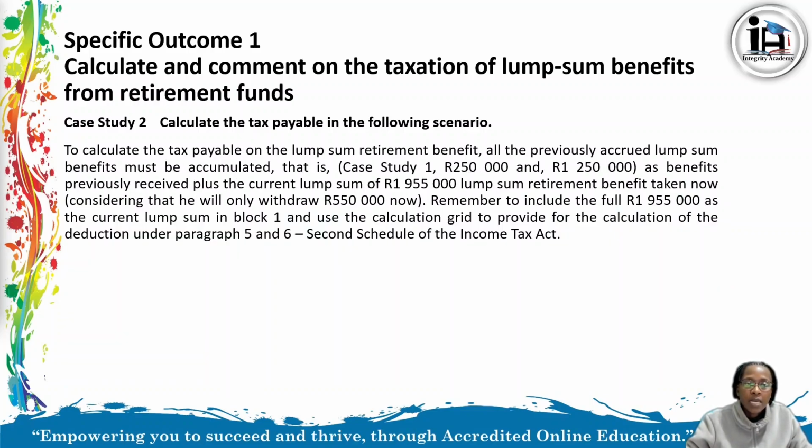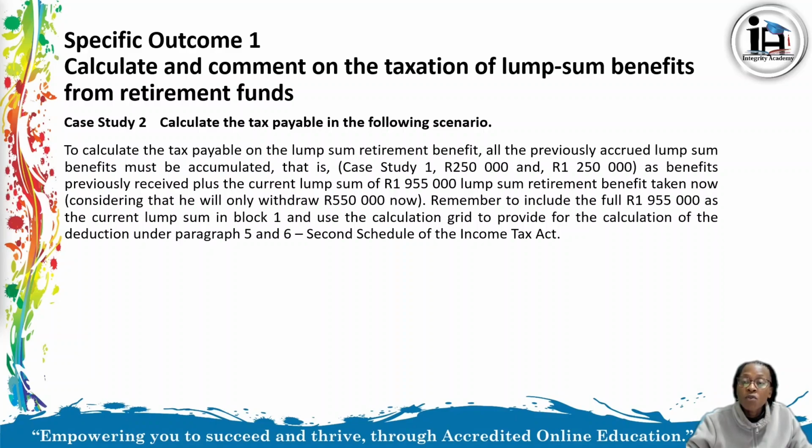So to calculate the tax payable on the lump sum retirement benefit, all the previously accrued lump sum benefit must be accumulated. That is case study 1, 250 and 1,250,000 as benefits previously received, plus the current lump sum of 1,955,000 lump sum retirement benefits taken now, considering that you will only withdraw 550 now.